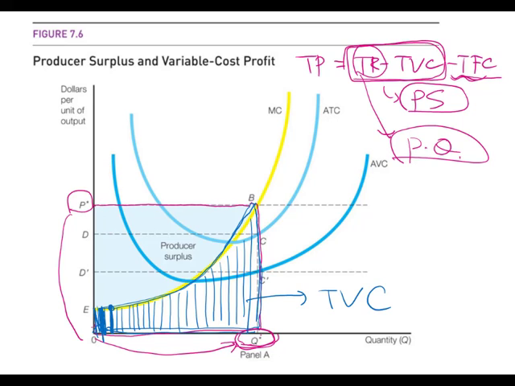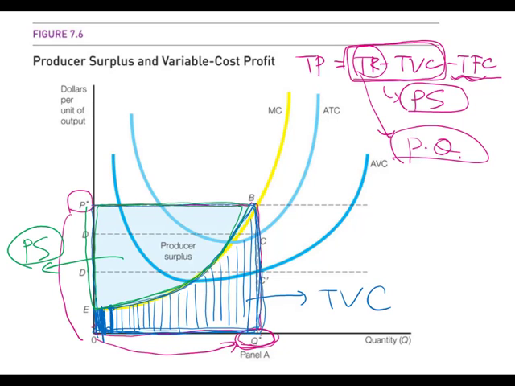So the difference between the entire rectangle that we calculate as total revenue and the total variable cost, which is the area below marginal cost, given here as the shaded sky blue area, that is producer surplus.